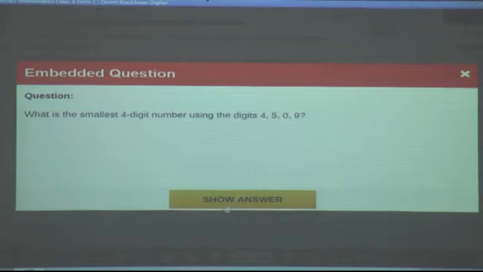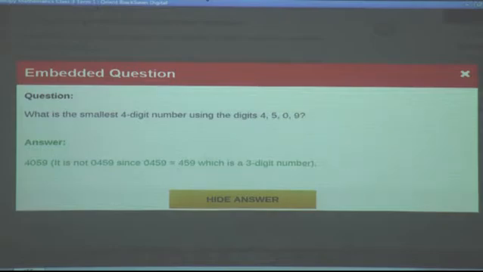Over? Shall I show you the answer? Okay, now I will show you the answer, and you have to check it from the screen. Now, see the answer. The answer is 4059. Now, students, here 0 is the smallest digit, but we cannot take 0 first. Why?